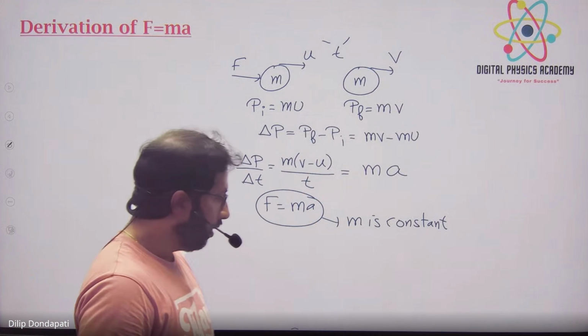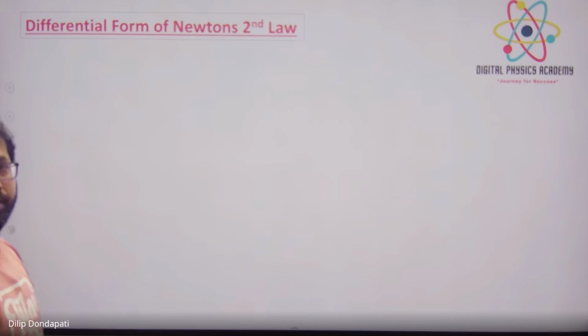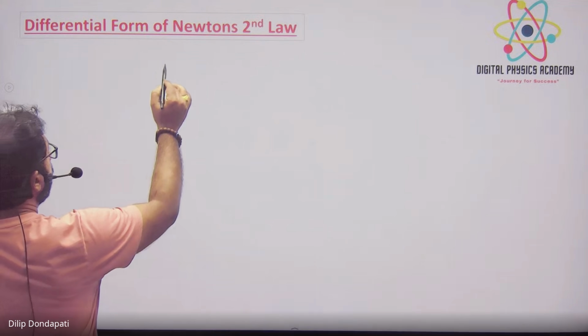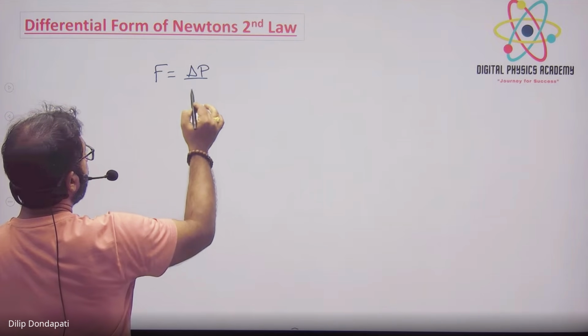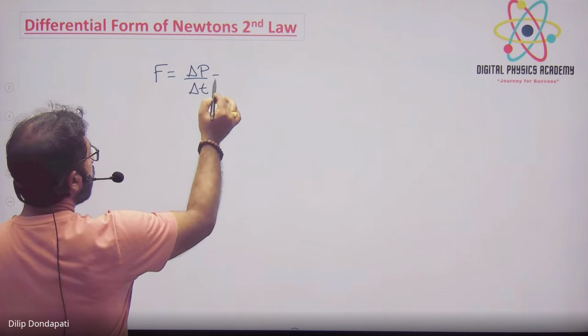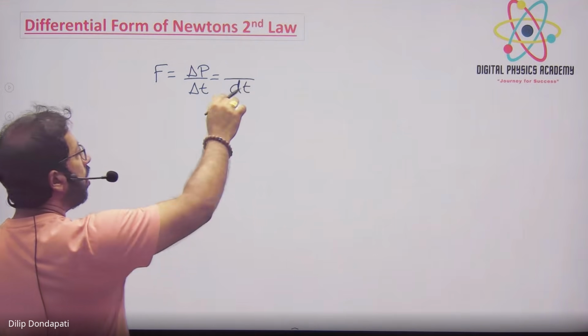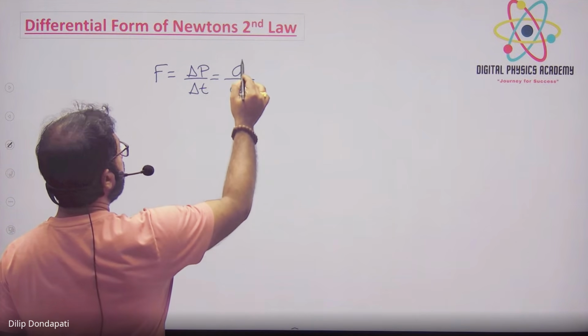Okay, now let's write Newton's second law in differential form. F is equal to, we know, delta p by delta t. In a small interval of time, which we call dt, the small change in momentum we call dp.